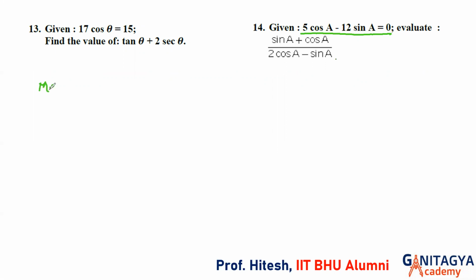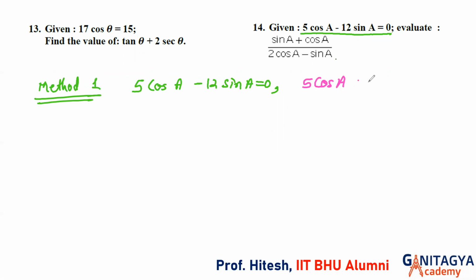Method 1. 5 cos a minus 12 sin a is equal to 0. Hence I can write 5 cos a is equal to 12 sin a. Hence tan a is equal to 5 upon 12.